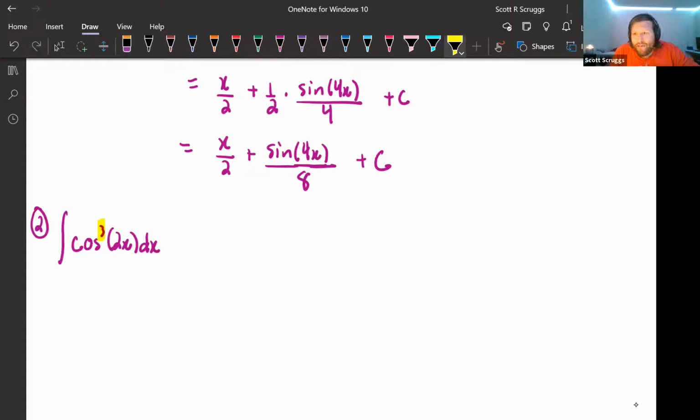Even though I don't have a sine popping in somewhere, I will still count that as a trig integral with an odd exponent. So my strategy for cosine or sine with an odd exponent now comes into play.